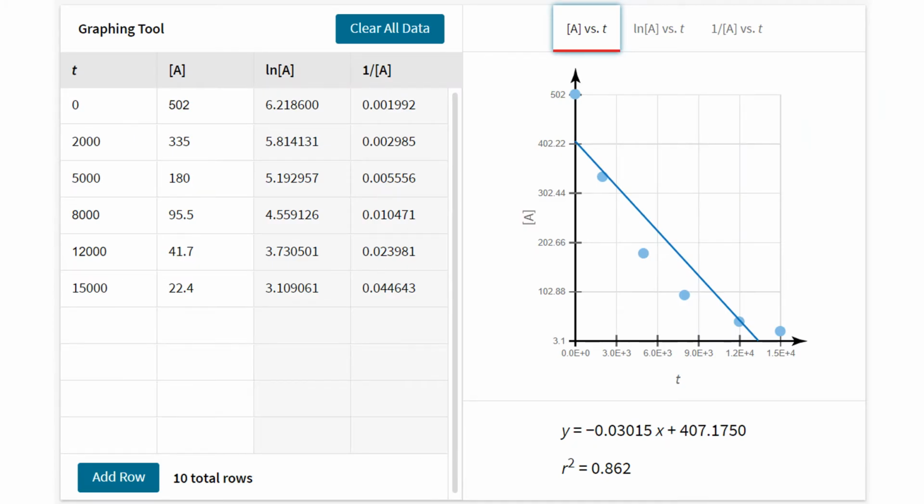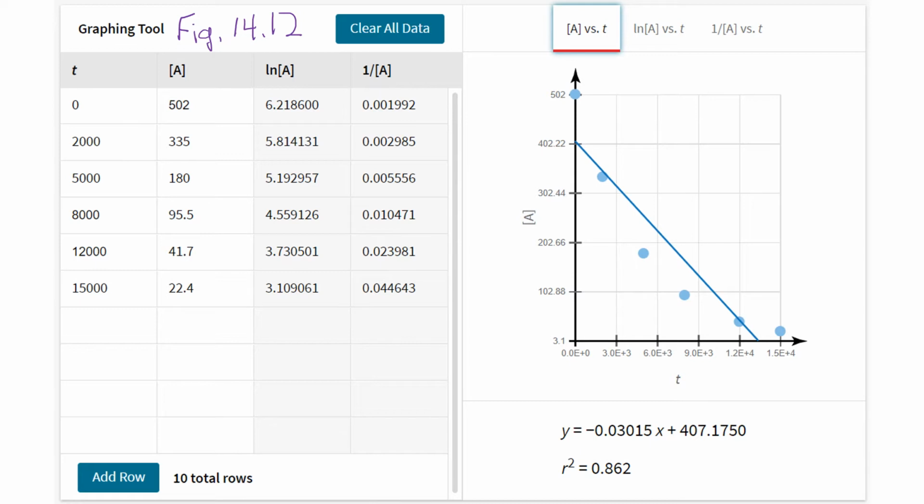So here's how I started the data analysis. I am using the graphing tool that is given in your textbook. It is figure 14.12. So this is in the integrated rate law section of the textbook down towards the bottom. Just keep scrolling down till you hit figure 14.12.